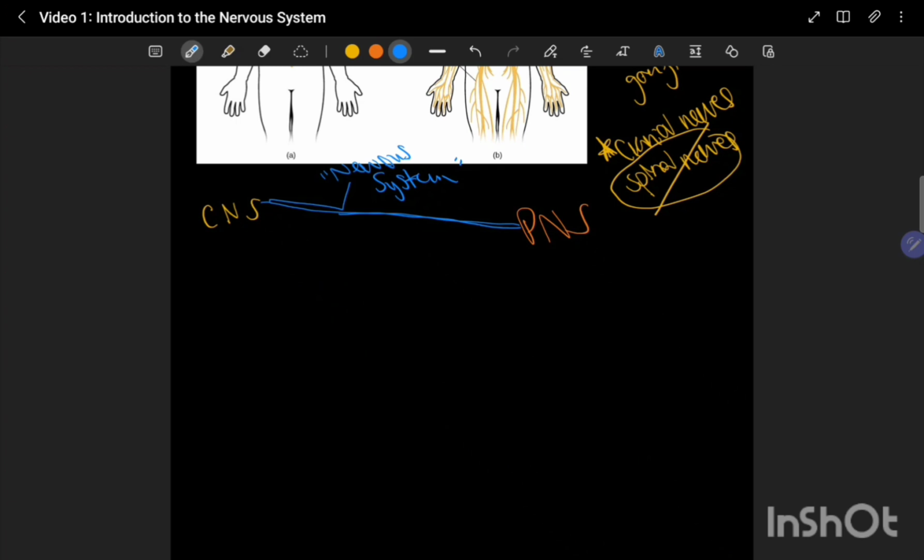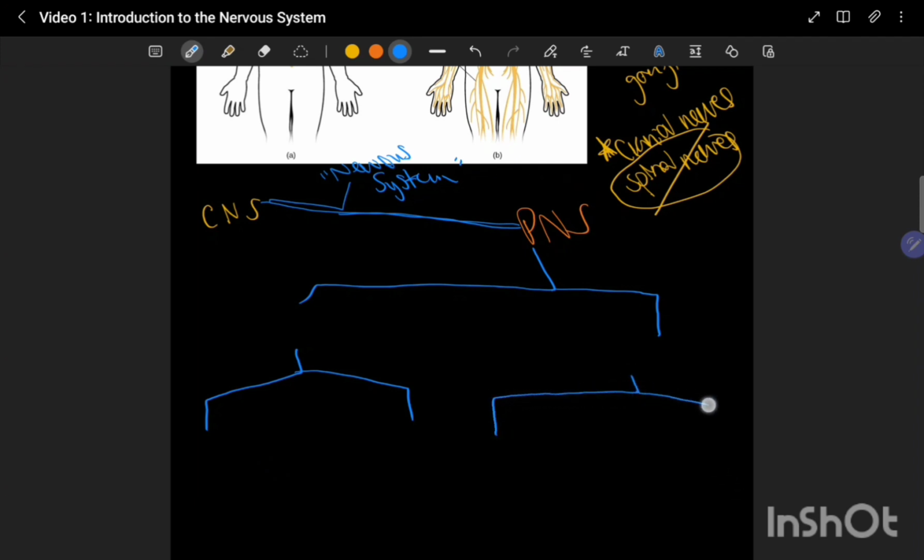So we're going to have some further subdivisions of our peripheral nervous system. So I'm going to go ahead and draw my chart here. And they are going to further divide themselves. So it can get pretty complicated. We are going to look at some examples to help differentiate between these subdivisions.